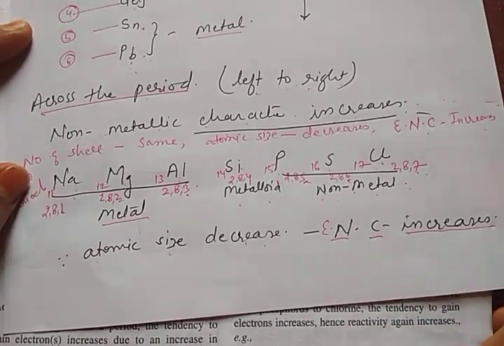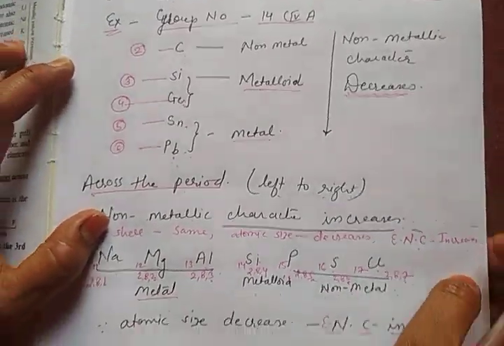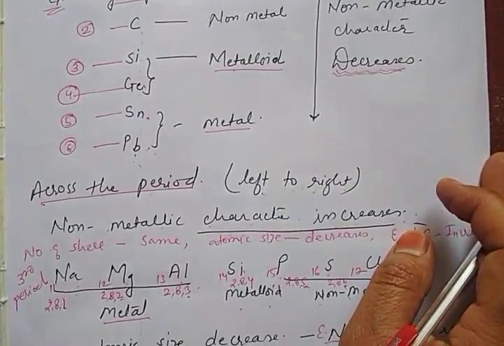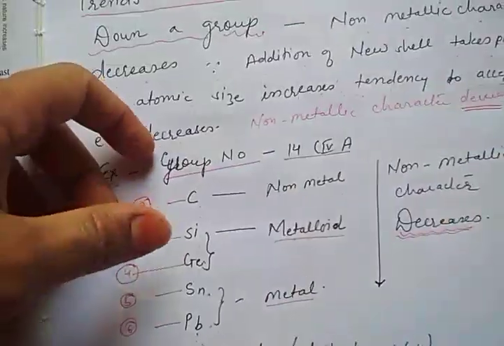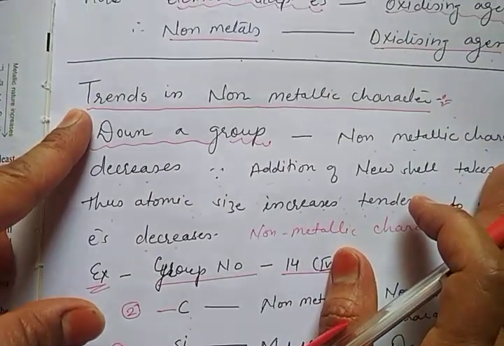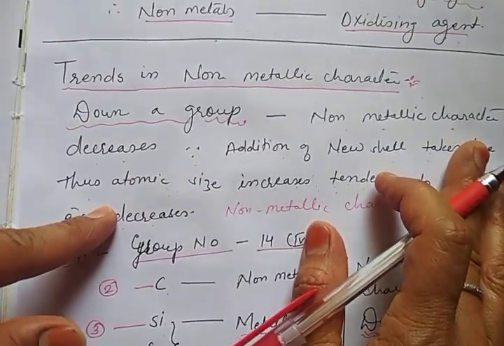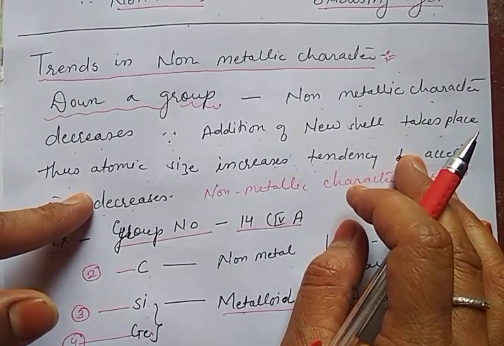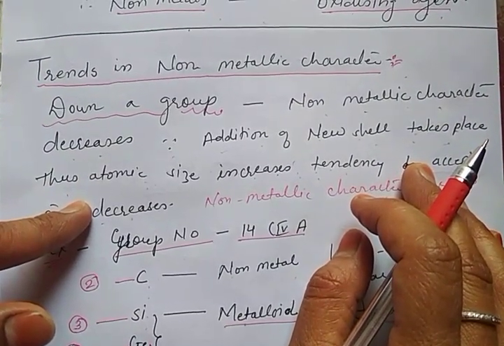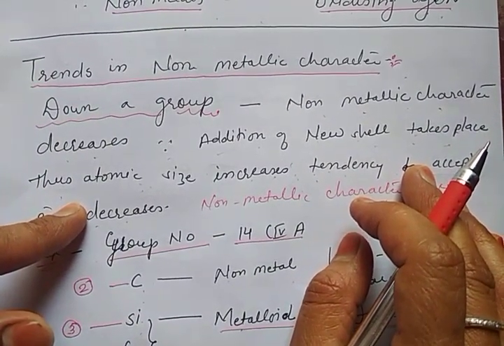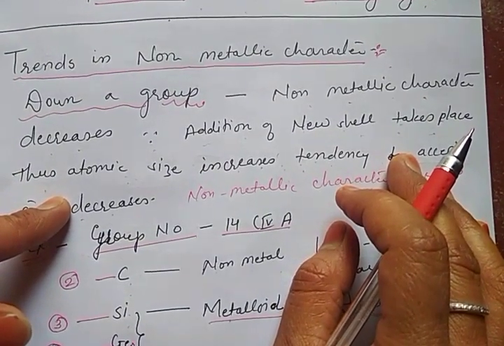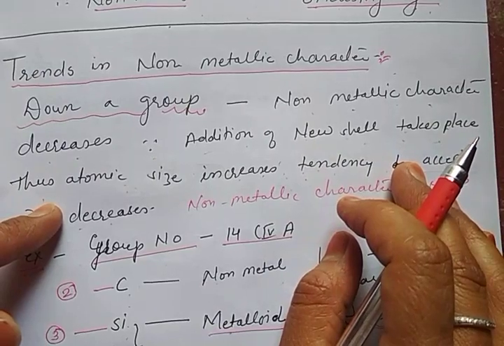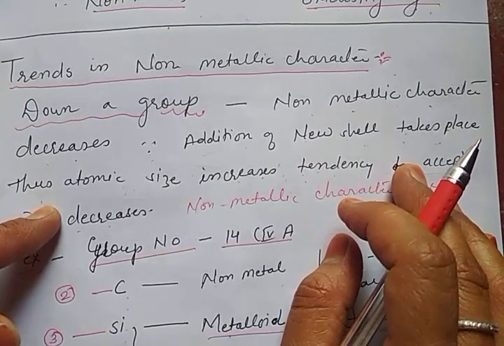In the exam, it can be asked about the definition of metallic and non-metallic character, the respective factors on which they depend, and their trends. So we must remember them very carefully, because metallic character and non-metallic character are just opposite of each other. Metallic character is the tendency of donating electrons.